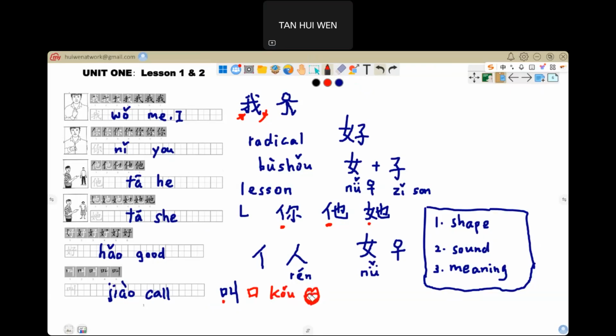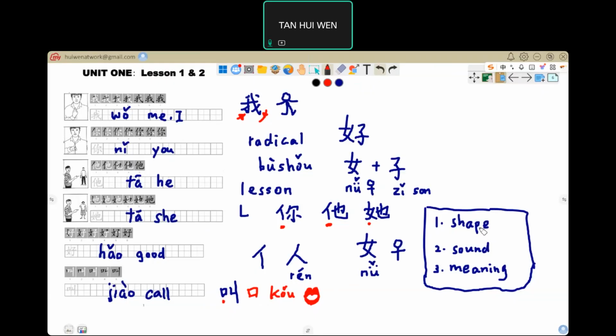So the logic is very simple. It's like you call someone with your mouth. Chinese character logic is simple because it is learned by children. So with children's logic, 叫, call, is categorized with the radical. Whenever you see a radical, sometimes it is a hint for the meaning. So you can have a separate notebook to categorize characters by different radicals so that you can remember them.